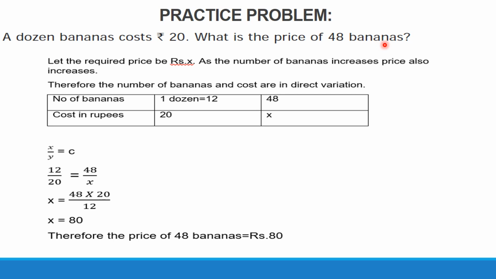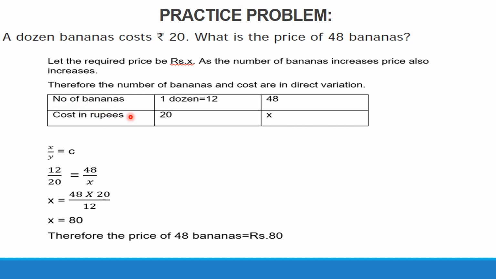So, you take it as X. What are the two quantities here? Number of bananas and cost. 1 dozen bananas means 12 bananas. 12 bananas cost rupees 20. So we have to find the cost of 48 bananas.